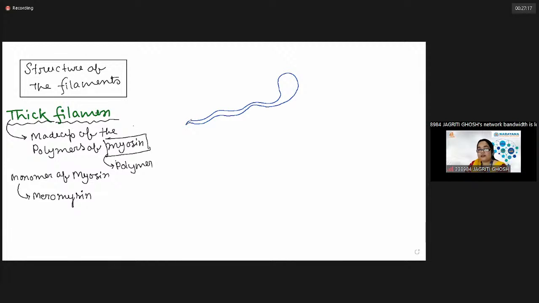Then again it has another subunit which is also wrapped with this and has this snake-like appearance. So at a glance, what do you see? Two snakes wrapped with each other, right? So this is the structure of a meromyosin.